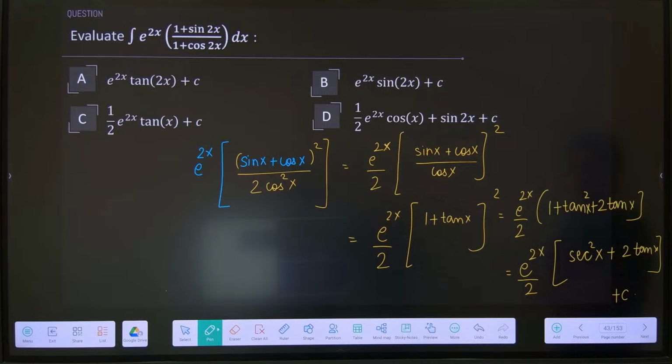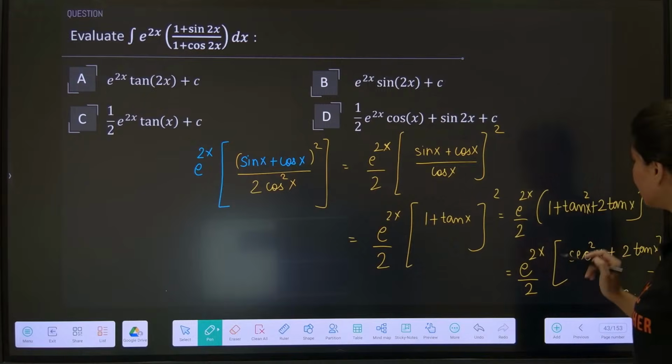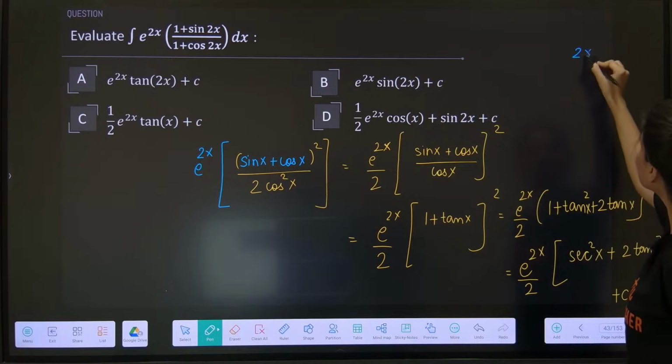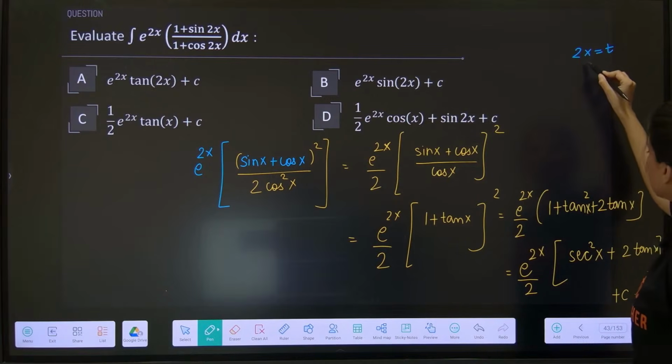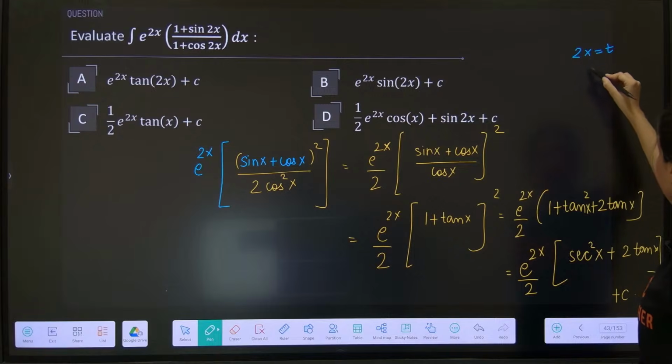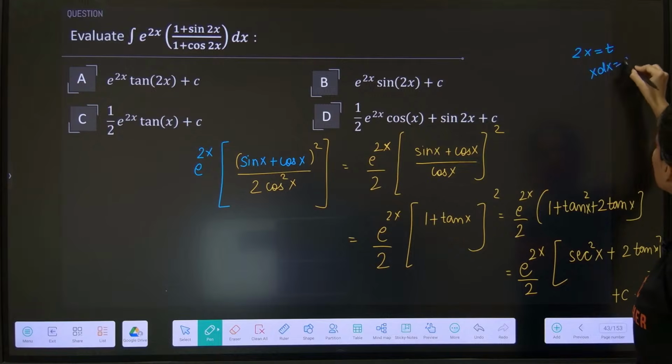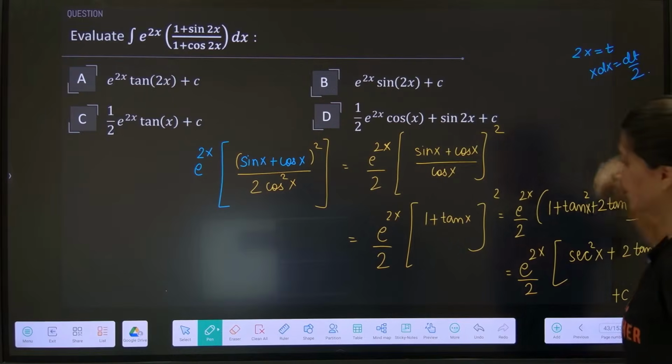First of all, what we need to do is take 2x equals t, so that dx is equal to dt upon 2.